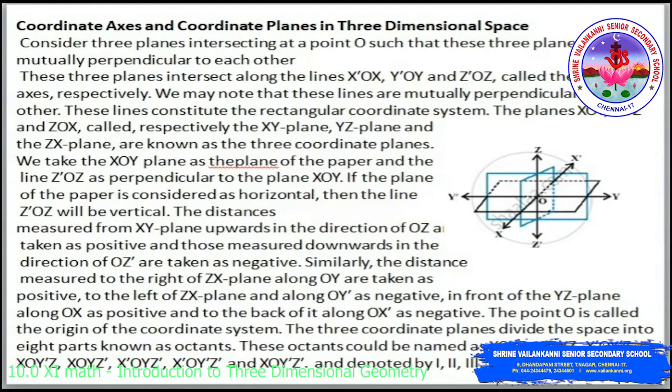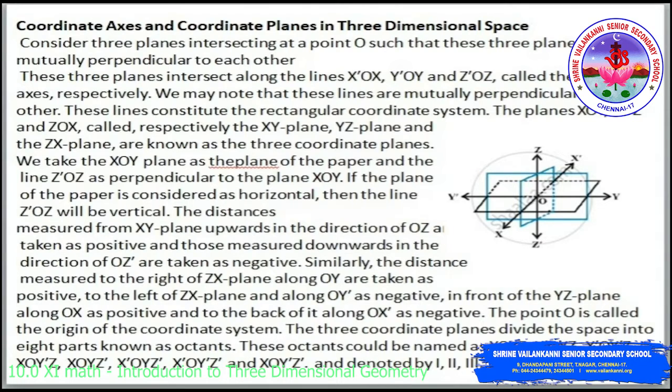Third octant is X'OY'Z, XOY'Z, XOYZ', X'OYZ', X'OY'Z' and XOY'Z', which are denoted by the other octants respectively. Therefore, we have 8 octants in the three coordinate planes.